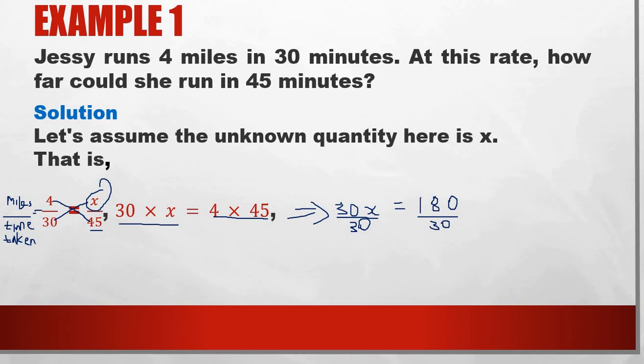Zero cancels zero here. 3 divided by itself is 1. 3 into 18 is 6. Meaning that she covered 6 miles in 45 minutes.